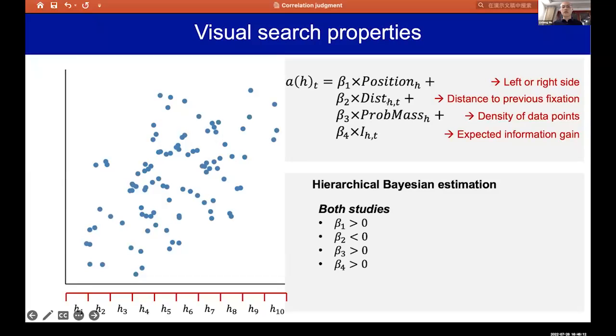The distance is a good way to explain why there was a negative effect of expected information gain, because people have a strong tendency. I'm not sure. I think there is still space for discussion, what to include, what to exclude. But that's the way we got here.